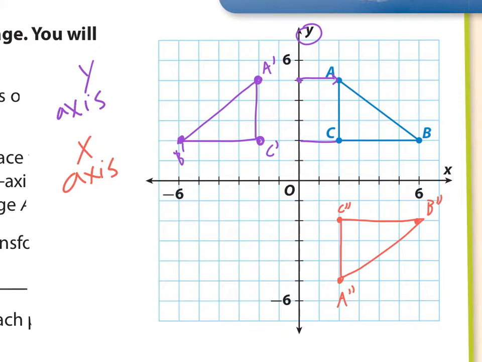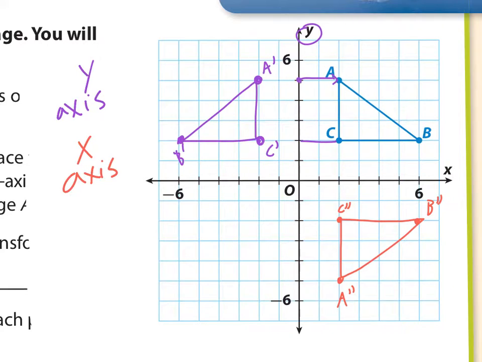Okay, let's talk about if they were to do something a little bit more tricky. Let's say, and I'll do this in red. Now this is going to start to kind of overlap a little bit, but it should be okay. Just try to figure out what I'm doing here.